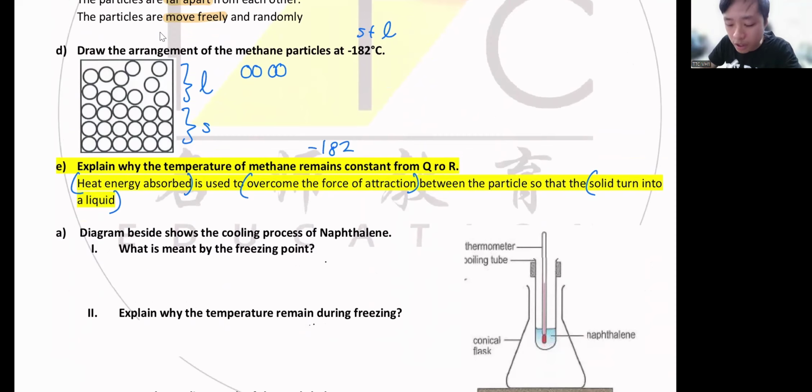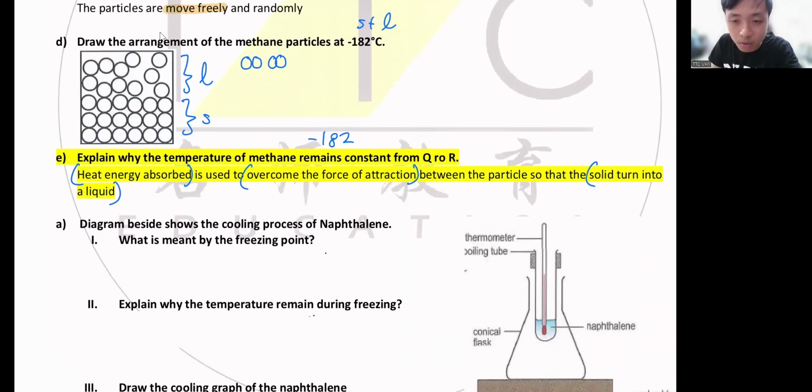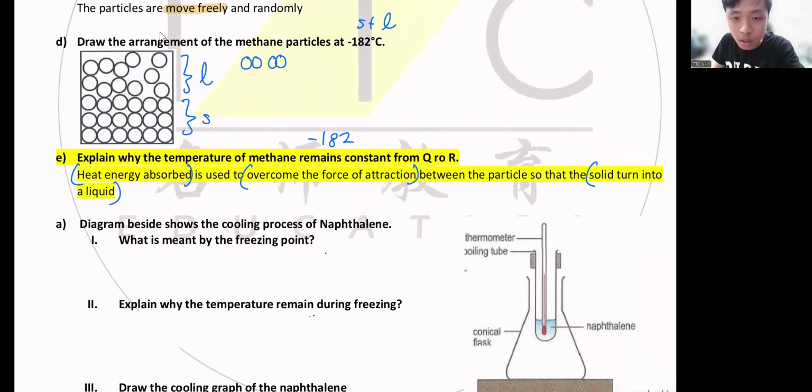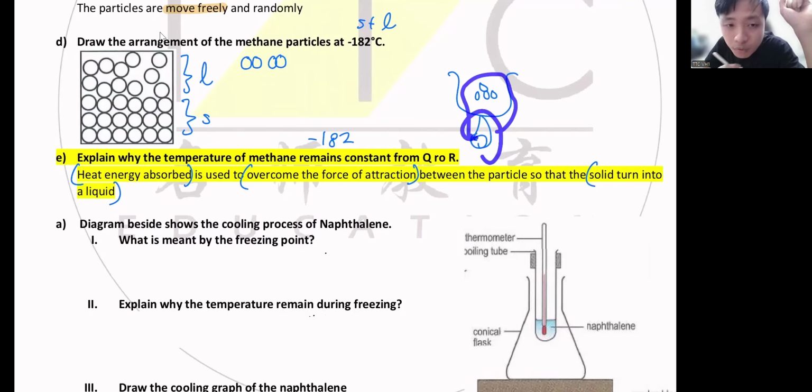So for heating, this is the answer scheme. You have to write: heat is absorbed. Because when you heat, the particles absorb the heat from the flame, whatever it is. They absorb the heat. Then the solid is able to be broken down, separated, and become liquid.